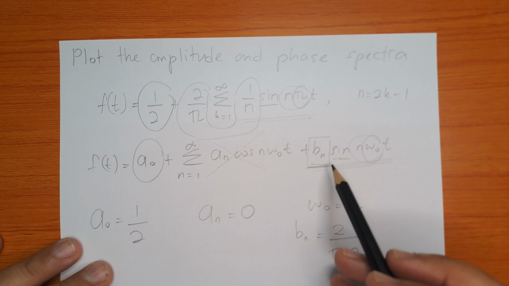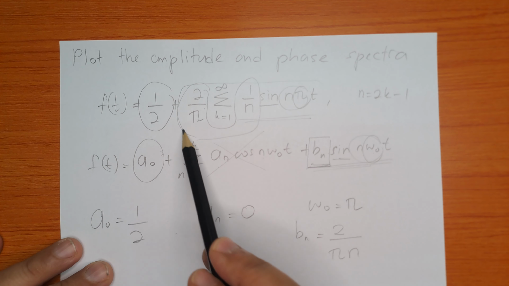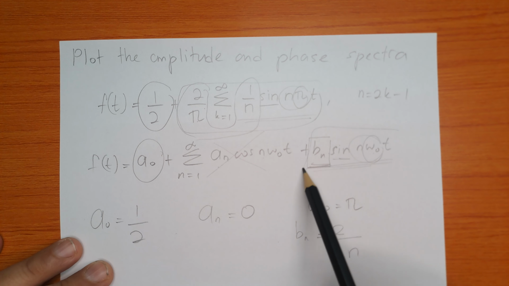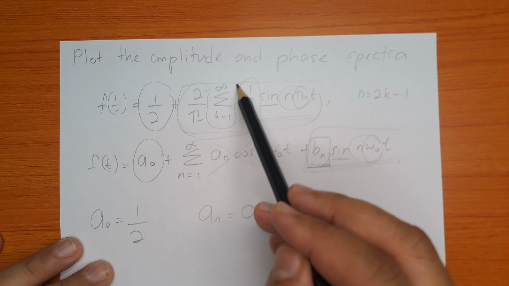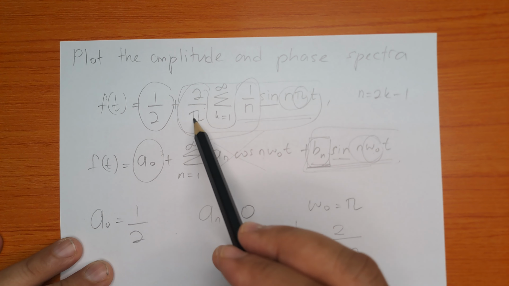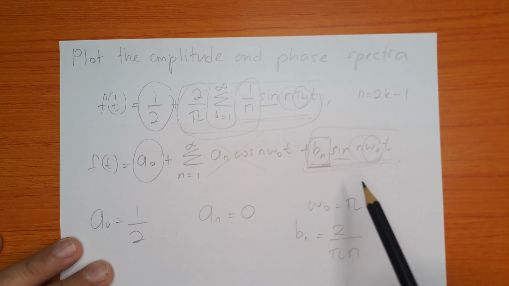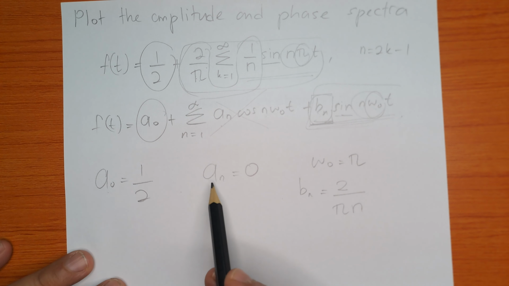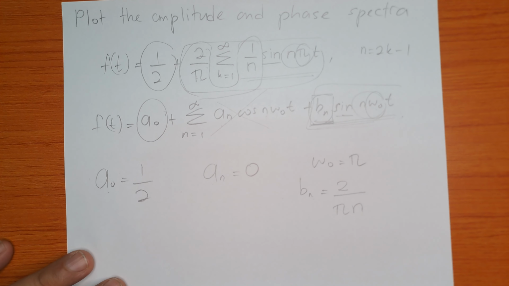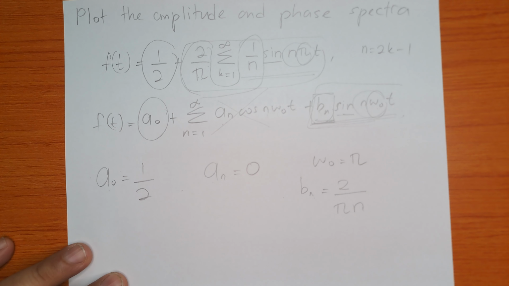All right, so we have to compare this term with this term. So clearly this bn here consists of 2 over pi as well, so you have to include this into consideration for bn. Now once we have a naught, an, bn, we can determine the amplitude and phase spectra.